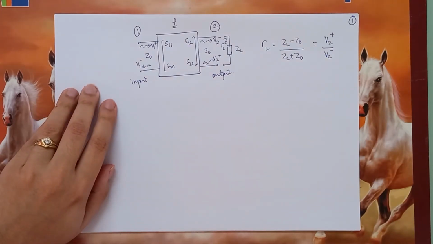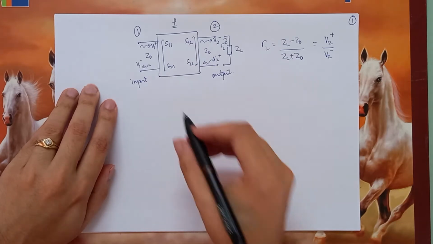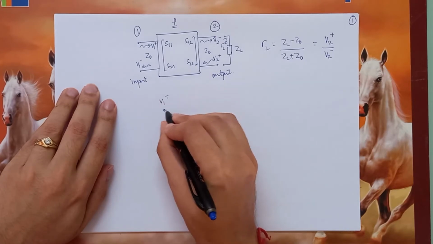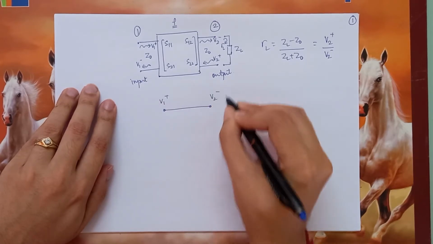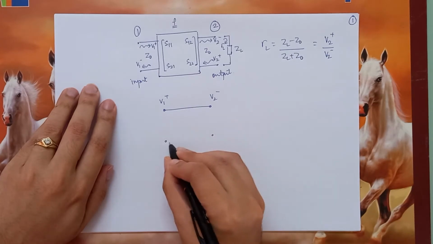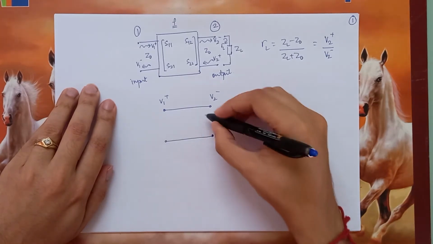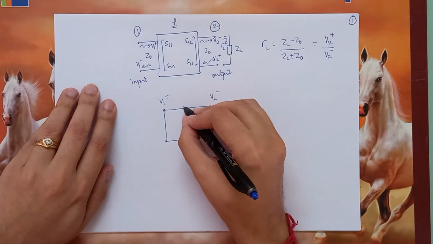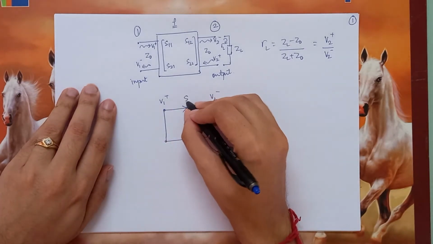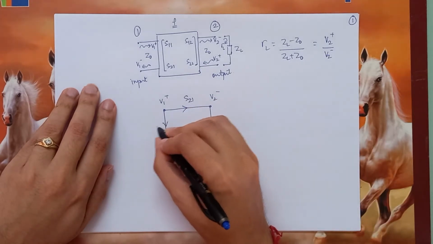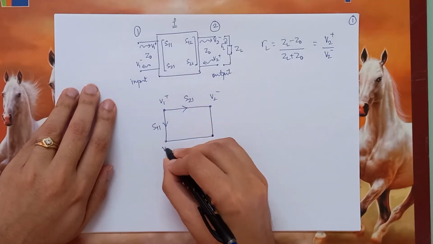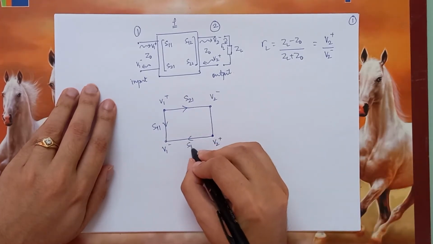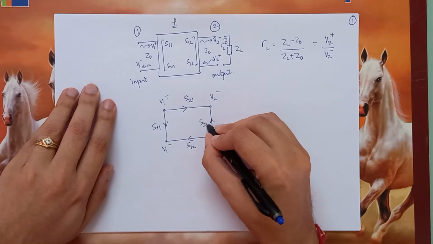So the signal flow graph would look something like this. Let's say this is V1 plus, this is V2 minus, this becomes S21, this becomes S11, and this is V1 minus, this is V2 plus, this is S12, and this is S22.